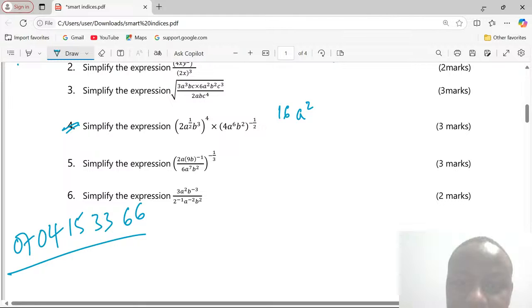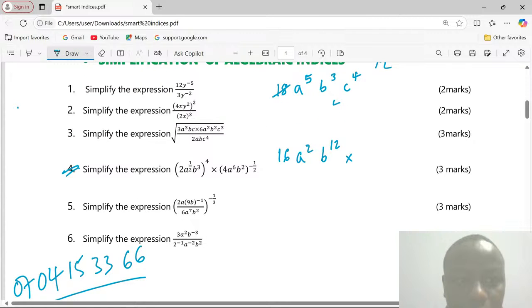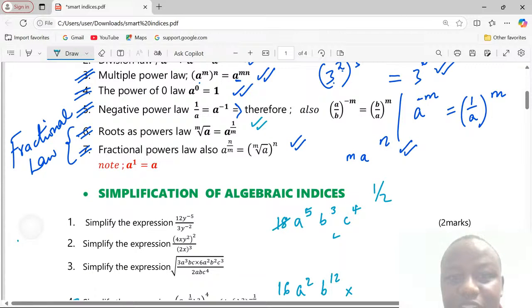Then we are having b power 3, which becomes b power 12, because 4 multiplies by the 3, which is already existing. Then we have to multiply by, because the power is negative, we're going to apply the negative law of indices, which says that we need to take the reciprocal.